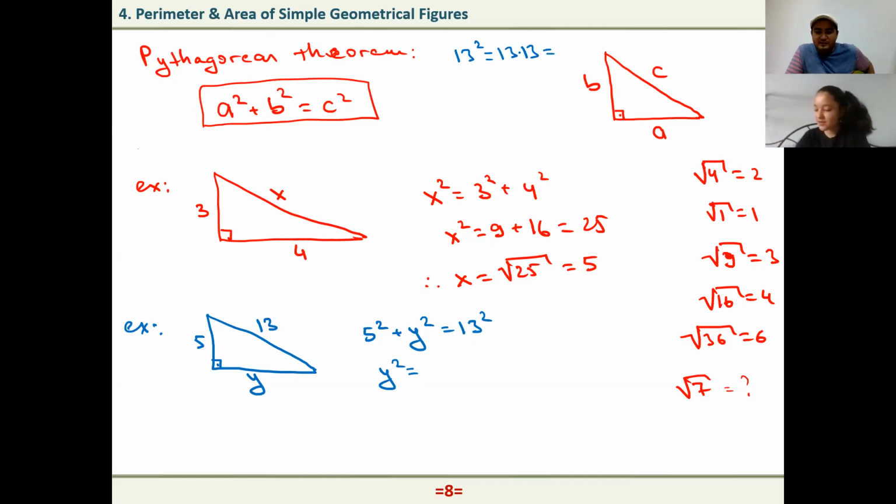What is 13 times 13? 169, right? So that is 169. Take this 5 squared to the right-hand side, it becomes minus. What is 5 squared? 25. So now, what is 169 minus 25?